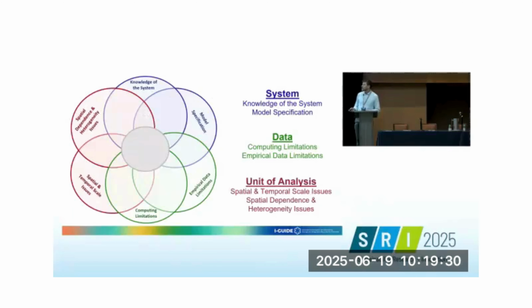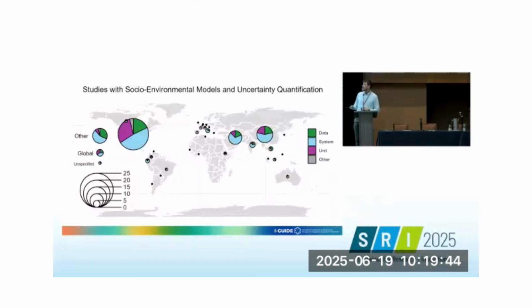So we can group this one level up into these 3 major categories: system, so problems in the knowledge of the system and model specification, data, and unit of analysis. We can look back at this and see that most of these studies are focused on problems and uncertainty with the systems across the world.